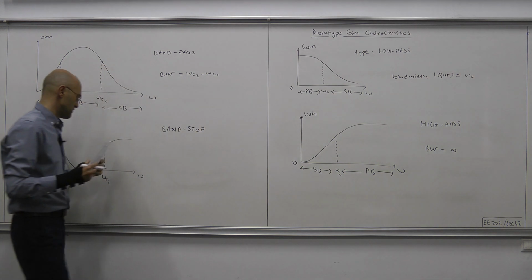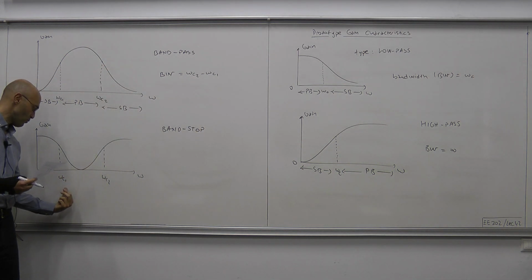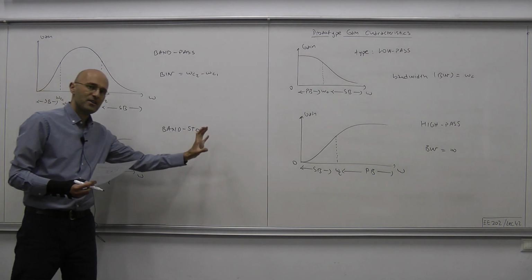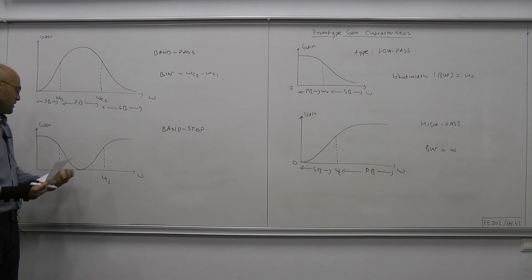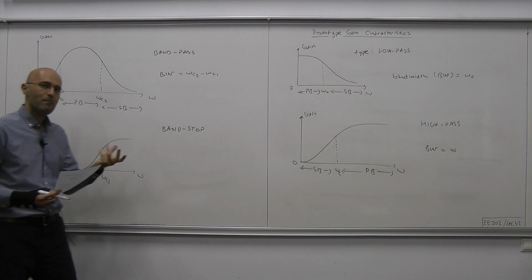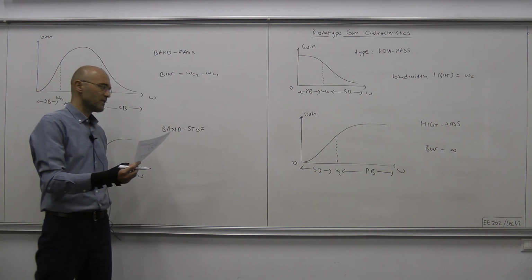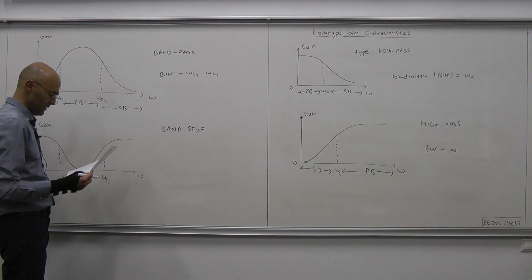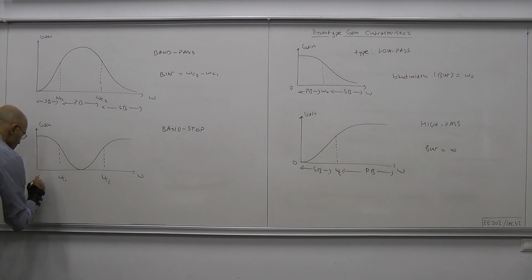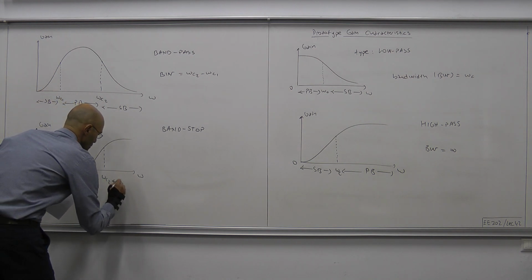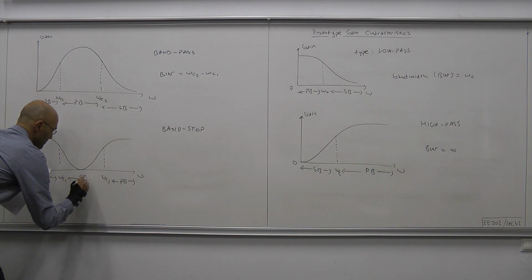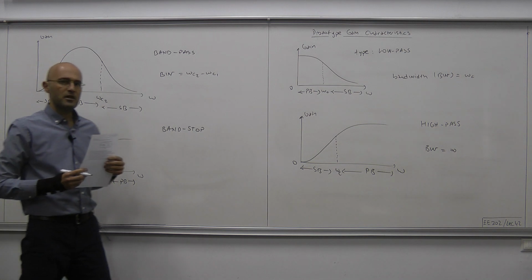Okay, where a certain band, in this case from omega c1 to omega c2, is not allowed to pass to the output side, whereas anything that's outside that band can be observed or measured at the output side. Okay, so here we have passband, and this is also part of our passband, and in between we have the stop band window.